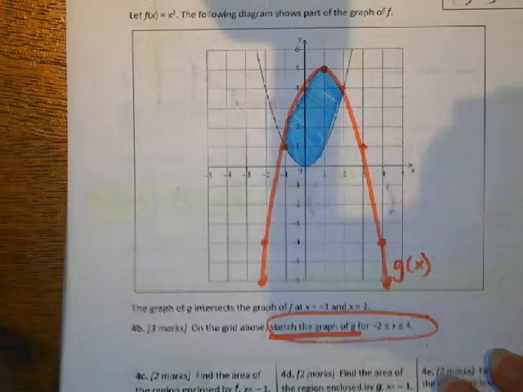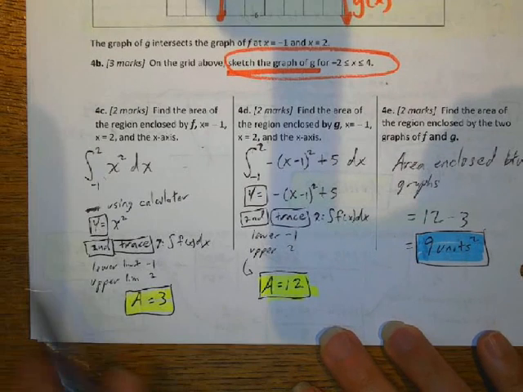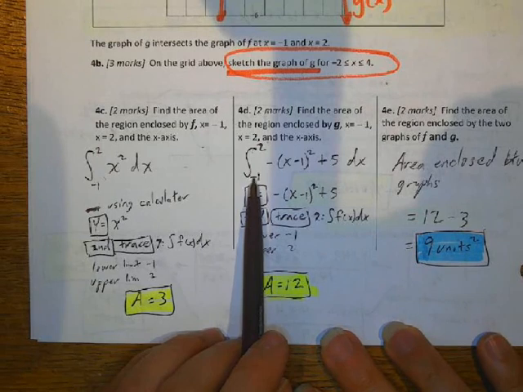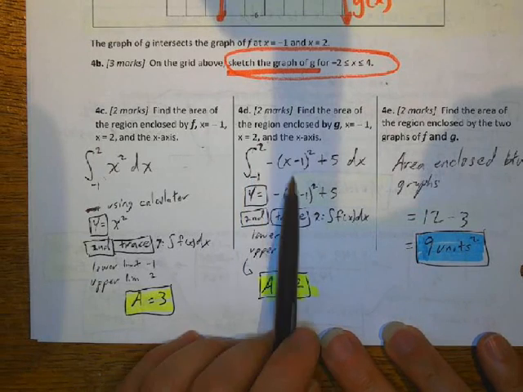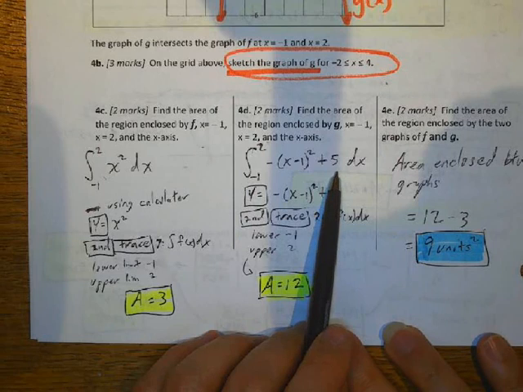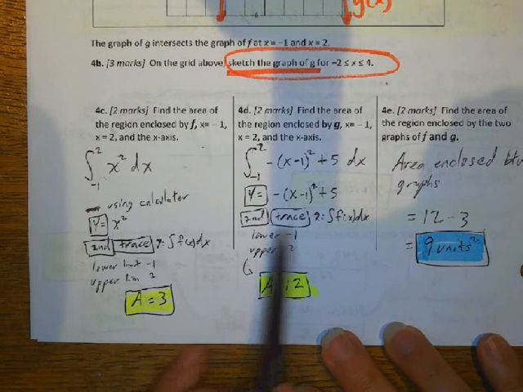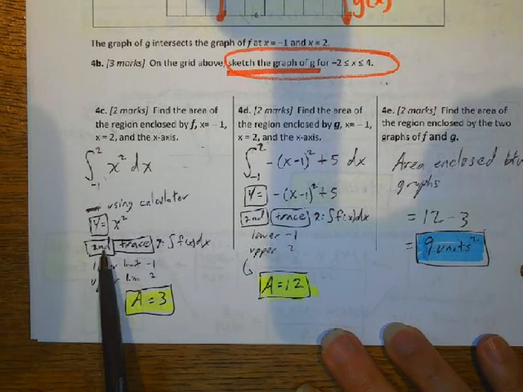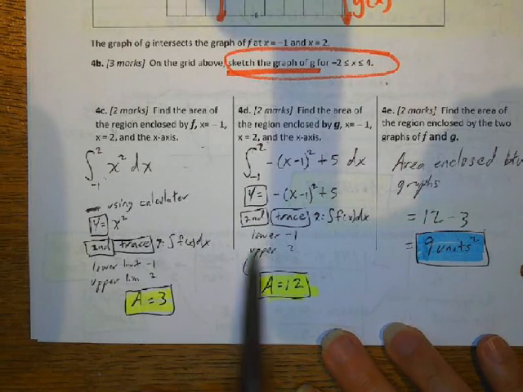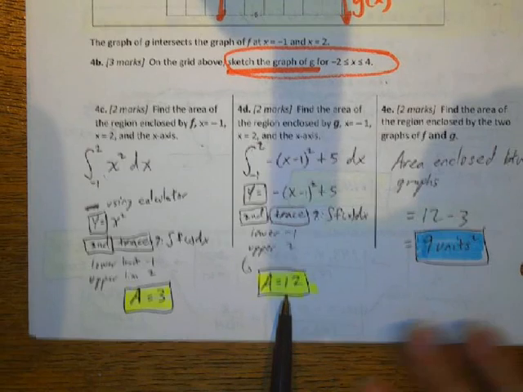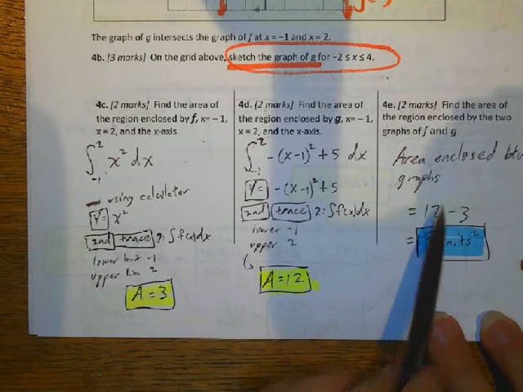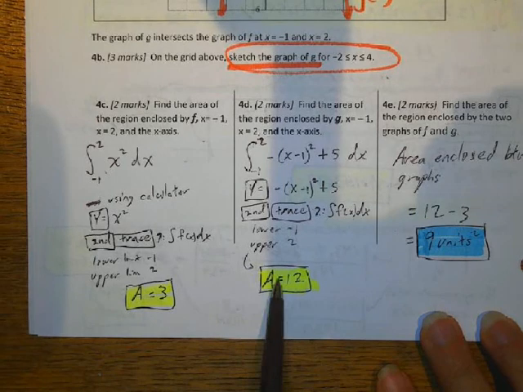And then find the integral from -1 to 2. So here's my function g. I used my calculator, second trace, lower boundary, upper boundary. And then to find the area shaded, I did the function g, which is on top, minus function f.